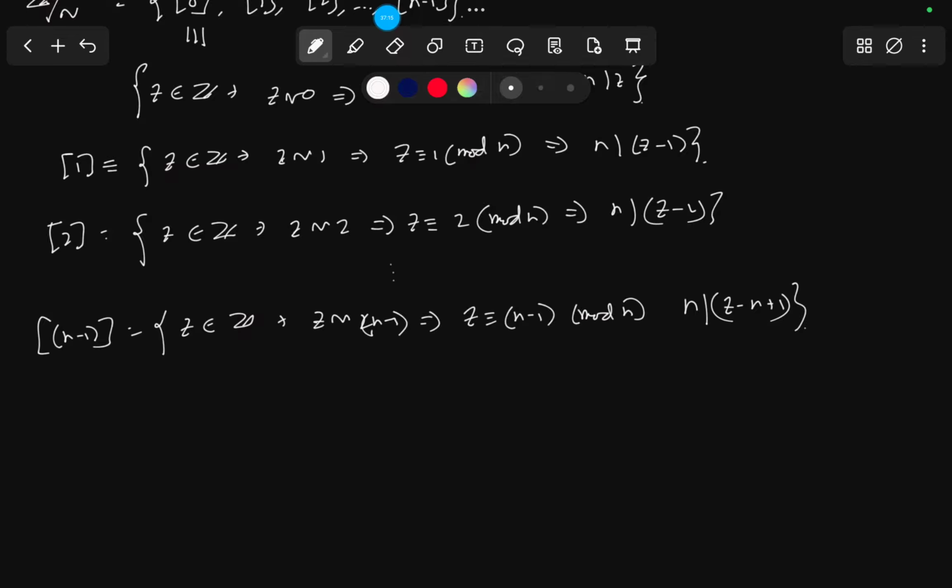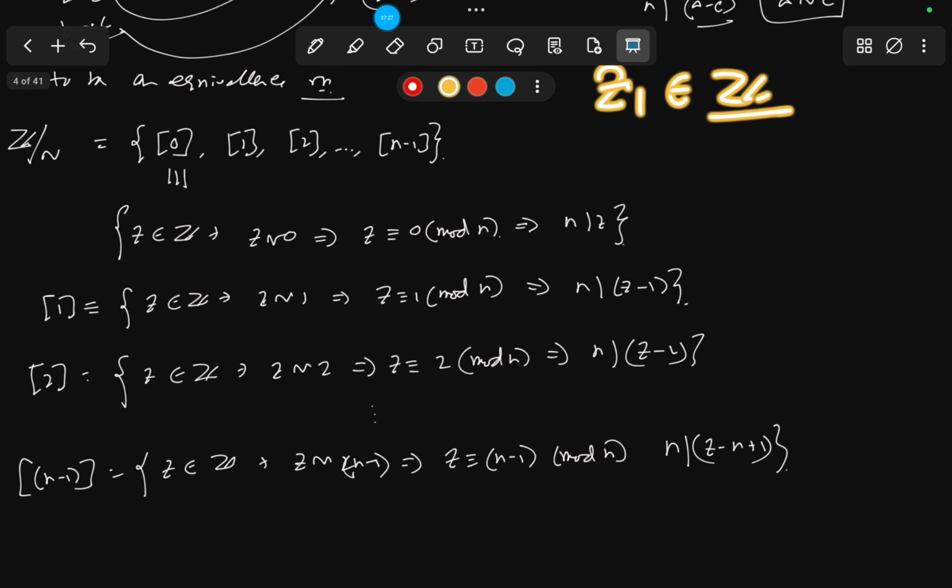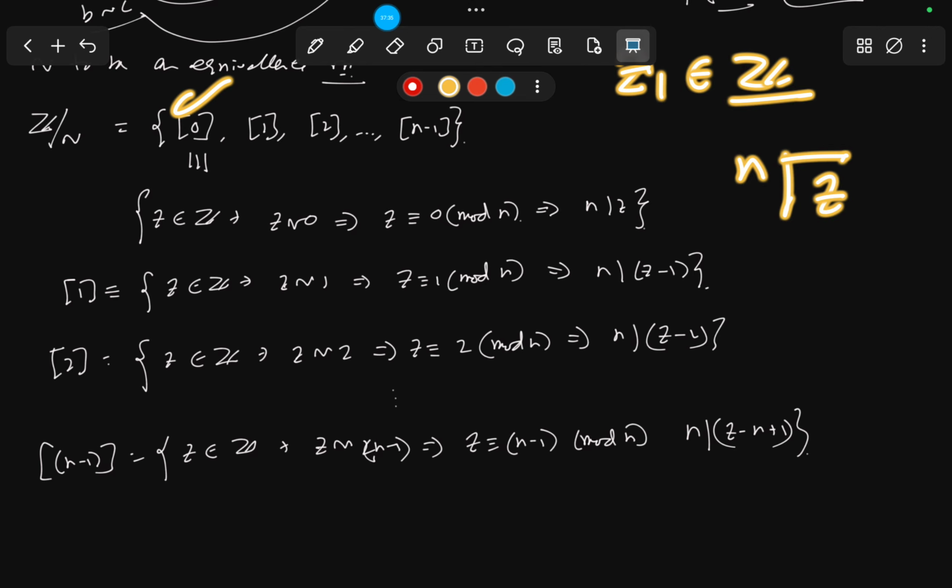So now consider any other small z, let's say any z1 belongs to Z, right? Now if you divide z1 by n, your remainder will be either 0 or 1 or 2 or up to n minus 1, right?